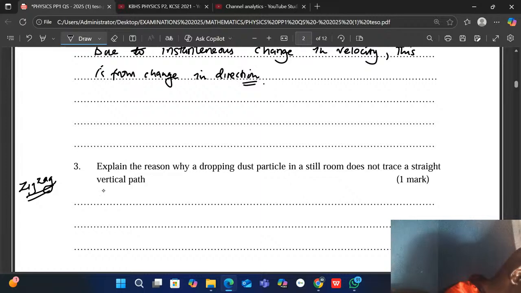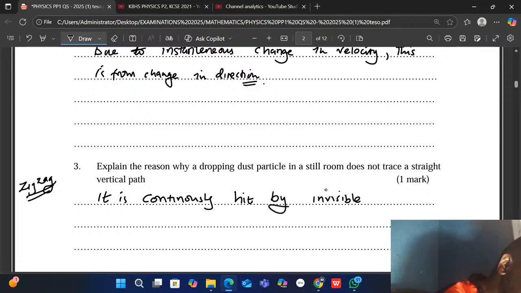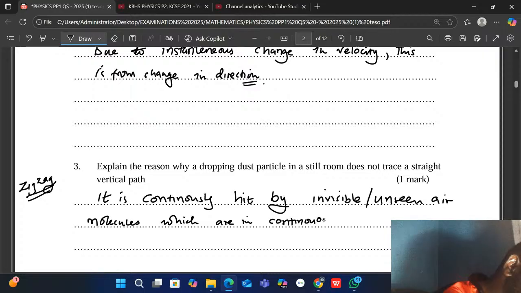Therefore, if we have to explain, we can say it is continuously hit by invisible or unseen air molecules which are in continuous random motion. That is the response that we are supposed to give.